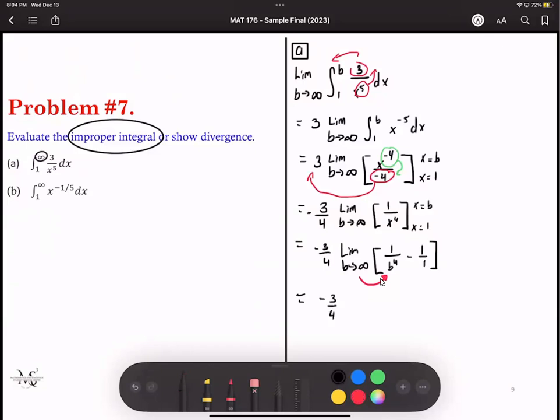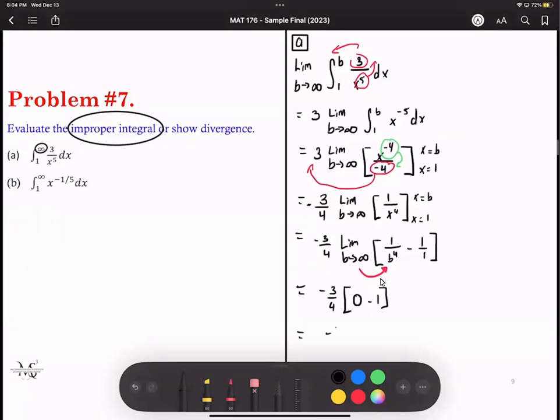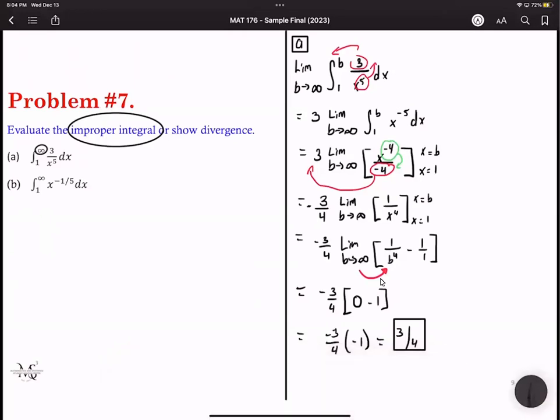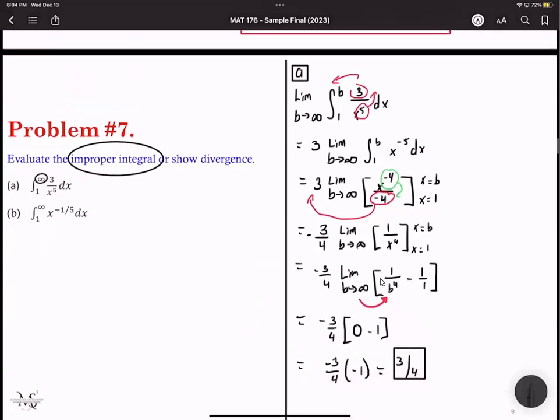So we get negative 3/4 times 0 minus 1. 0 minus 1 is negative 1. So negative 3 over 4 times negative 1 is positive 3 over 4. So for this improper integral, we know that it will converge to 3 over 4. And that's the solution to part A.